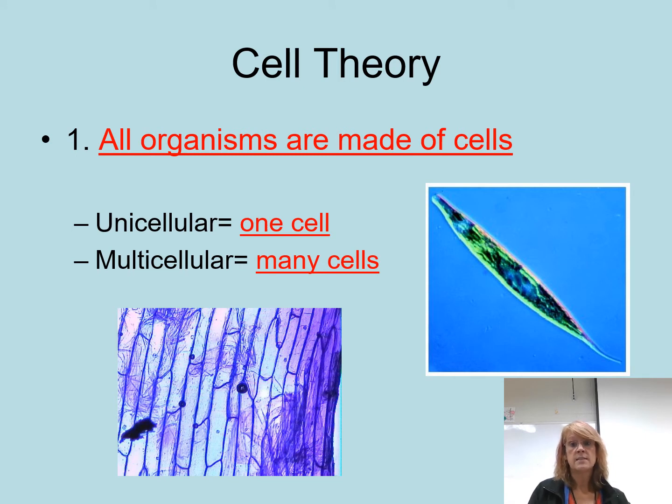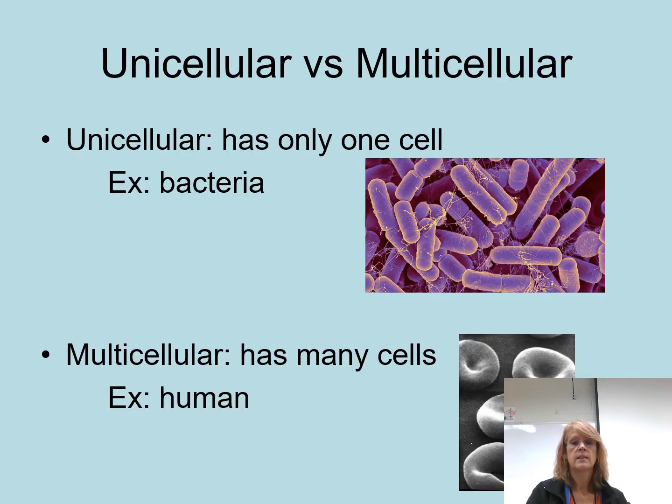Multicellular, like us, like plants, they are made of many cells. So again, unicellular means you only have one cell. And so this is an example of bacillus bacteria. Now they might all live together, but each individual bacteria, one cell, can do its thing. As humans, we are multicellular. We have to have all of our cells working together in order to make us as an organism.